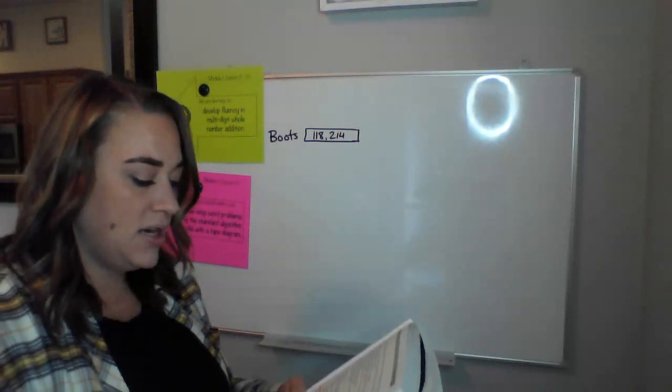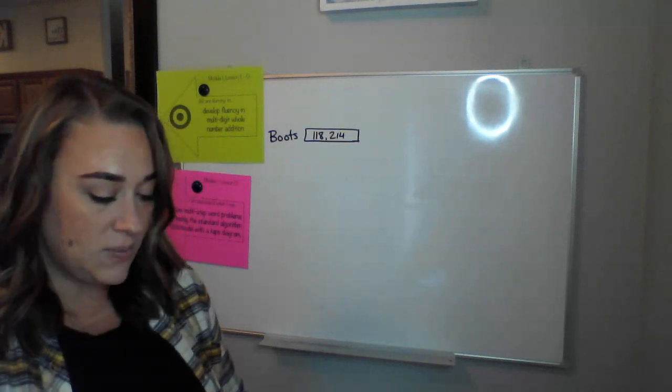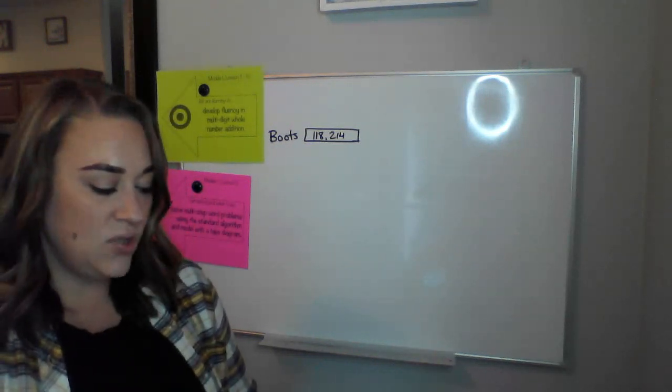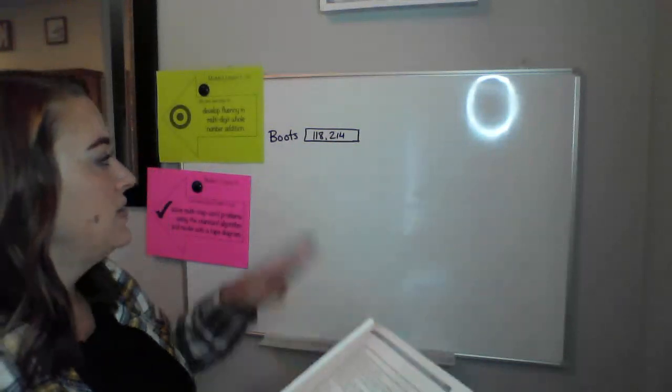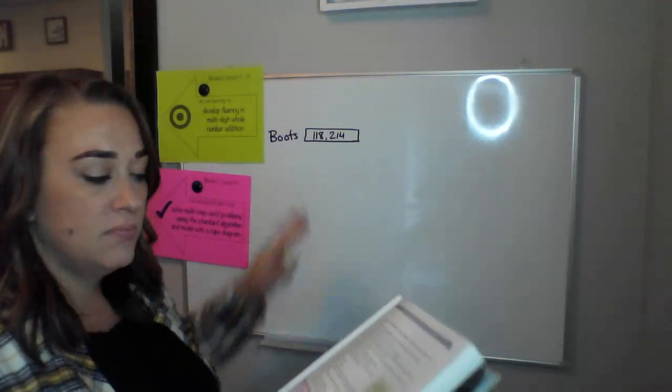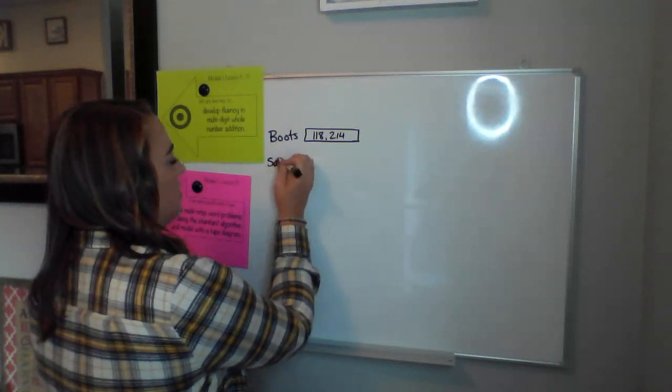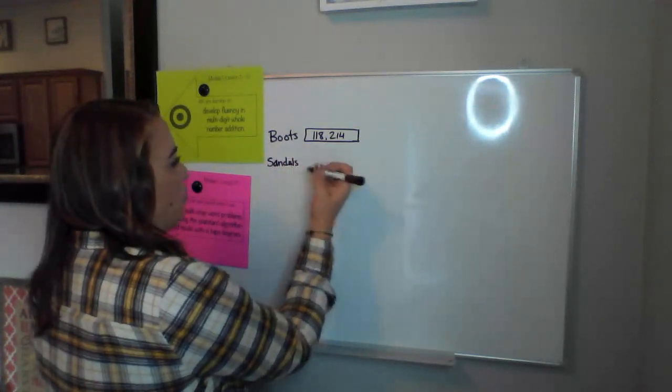Okay. So then our next piece of information that they gave us was 37,092 more pairs of sandals than boots were sold. Okay. So I have my sandals. They told me that it was more than the boots.